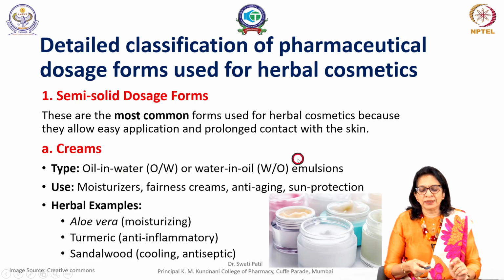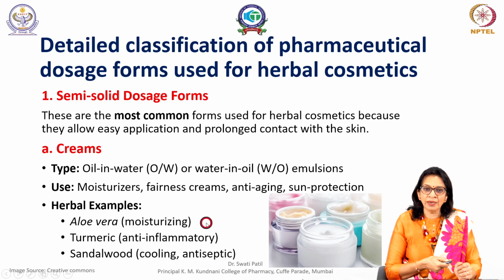Creams can be formulated as moisturizers, fairness creams, anti-aging and sun protection creams. An example of the herbs used here is aloe vera. The white shining part of aloe, which is mostly mucilage and carbohydrates, goes into the formulation of a moisturizer.